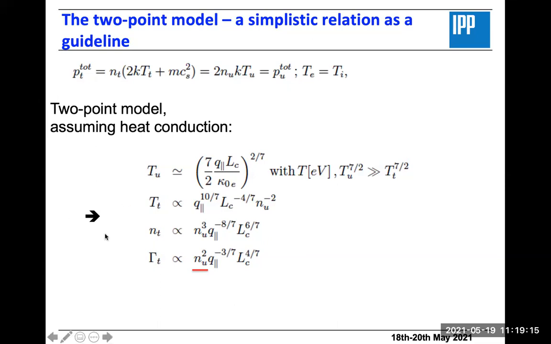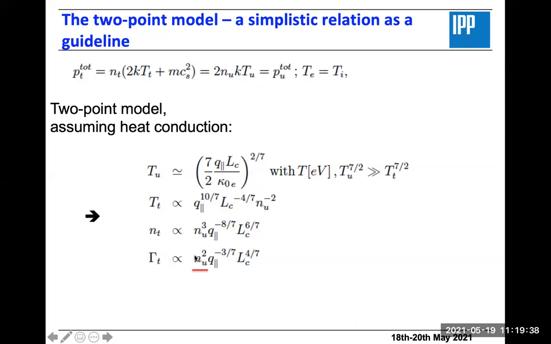Plus the target temperature goes with the square, so it's inversely proportional to the upstream density. So increasing upstream density is beneficial to reduce temperature and to increase the probability of recombination, because of having more particles and because of temperature. So it's always beneficial to operate at high density. This is what it's saying.